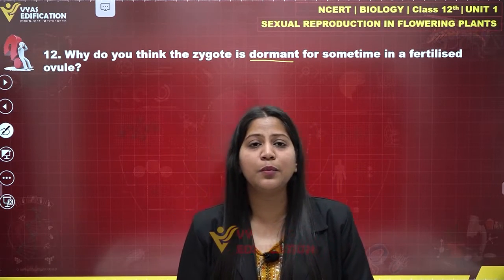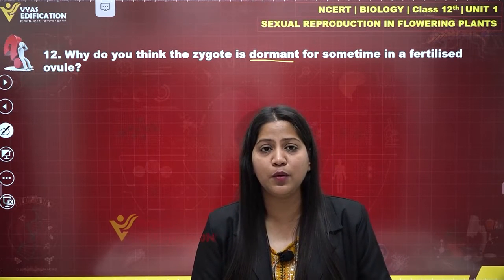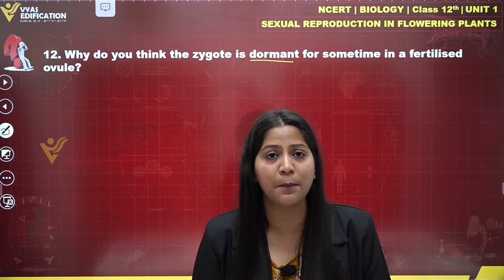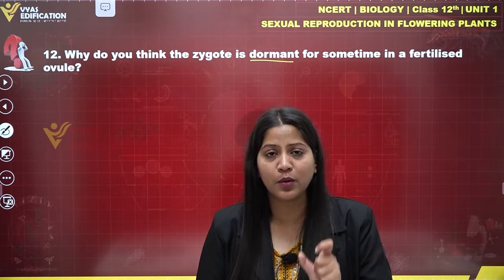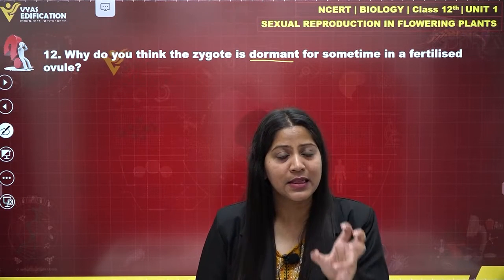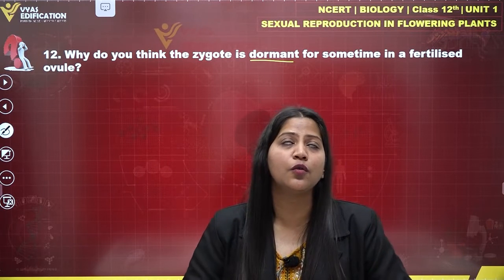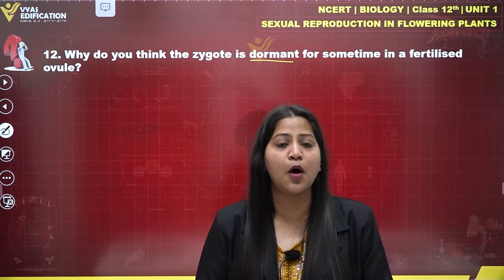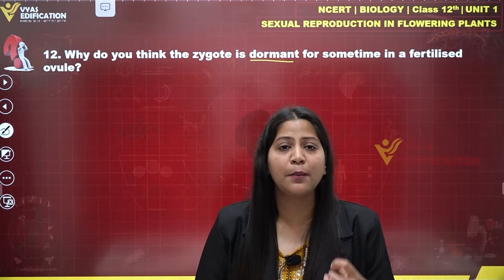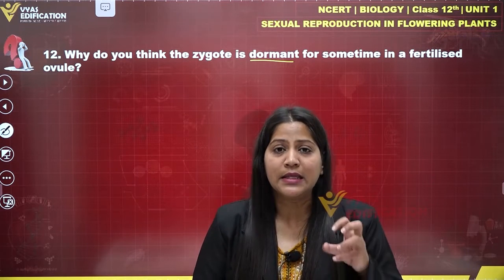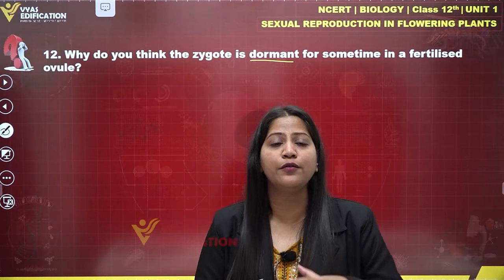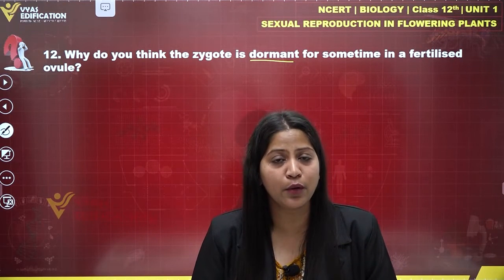This primary endosperm nucleus, which is made from the fusion of 3 haploid nuclei, undergoes several mitotic divisions to form a large nutritive endosperm for the developing embryo.